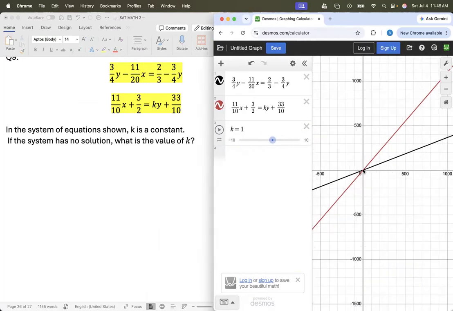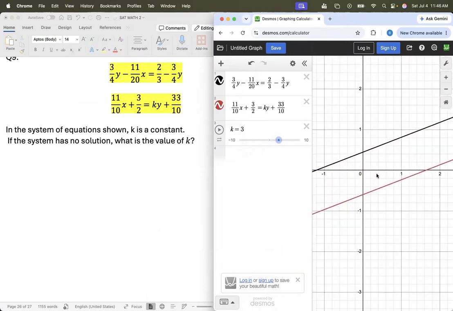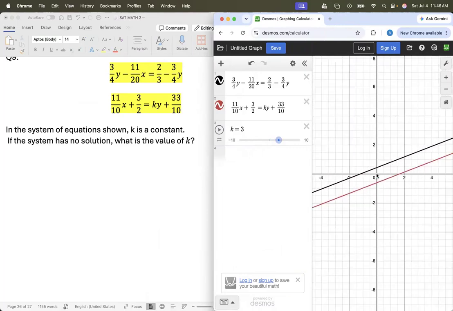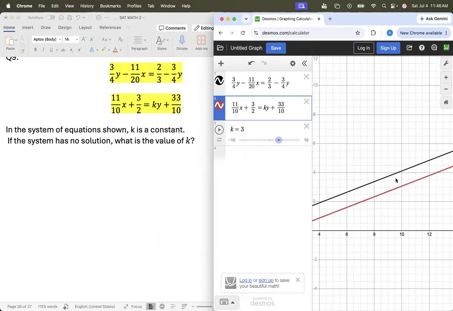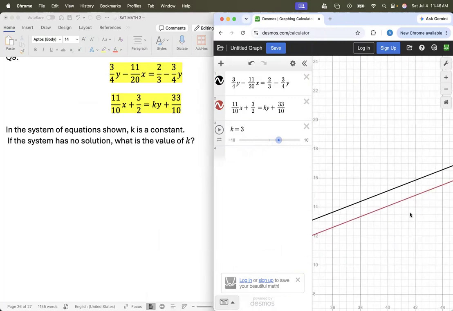So you can see we have a solution here. I just have to keep moving the slider so that I have no solution at all. It may look like I have a solution, but if I expand, you can see. So sometimes you have to pan in. So there's no solution. If you drag here all the way, you can see we don't have any solution.